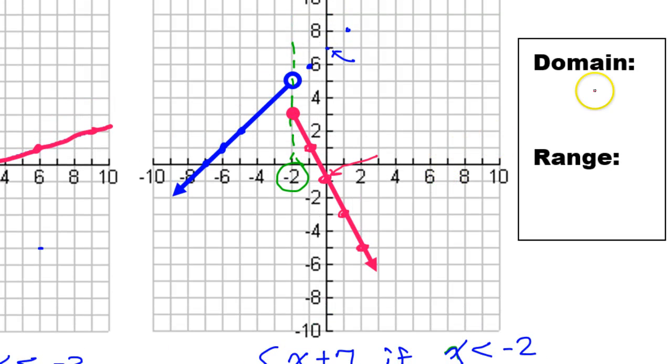And finally, the domain and range. This graph goes left forever and right forever. So that's -infinity to +infinity. Now the range, the y values from bottom to top. This graph goes down forever. So that's -infinity. But the high point is here at 5.